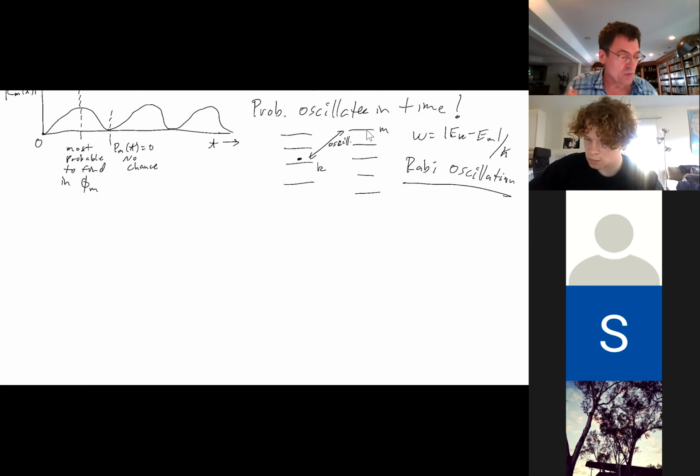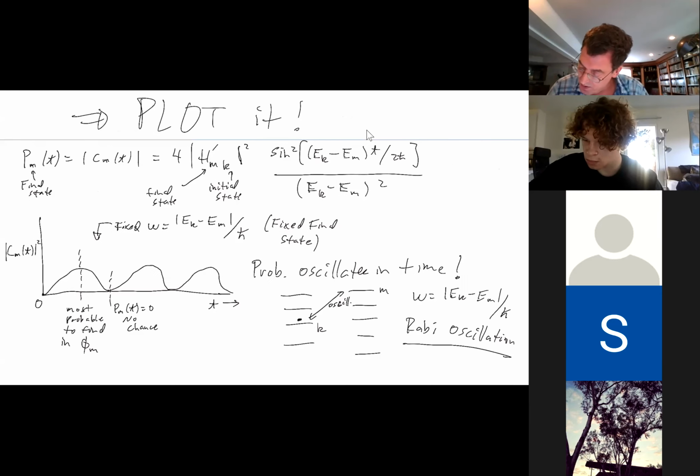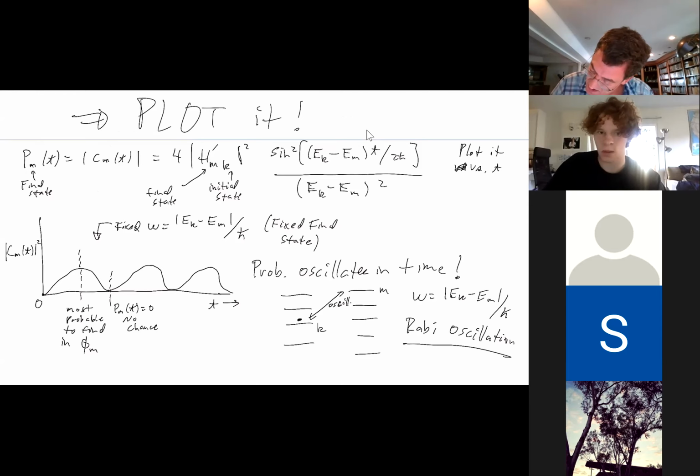Now let's continue with this discussion and realize that this is a complicated formula, but we can plot it. We can plot this equation versus time, which we did, but we can also plot it versus another variable, E_k minus E_m.